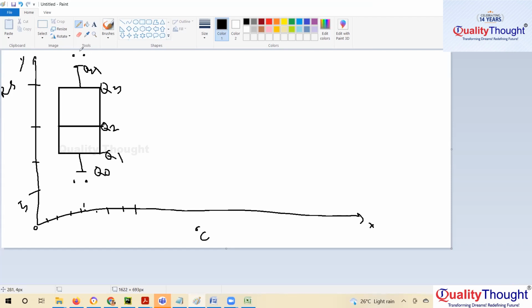What does outlier mean? There is no particular definition of outliers, but it is something outside the box.